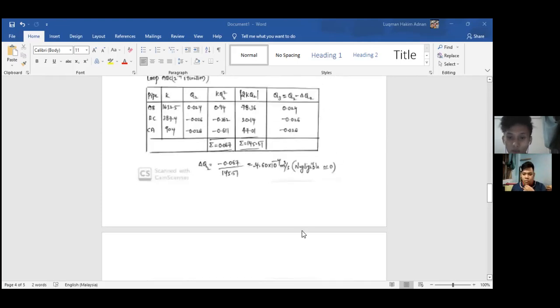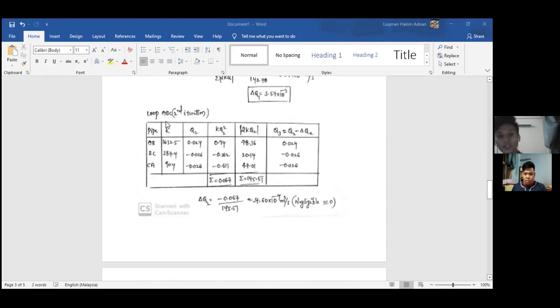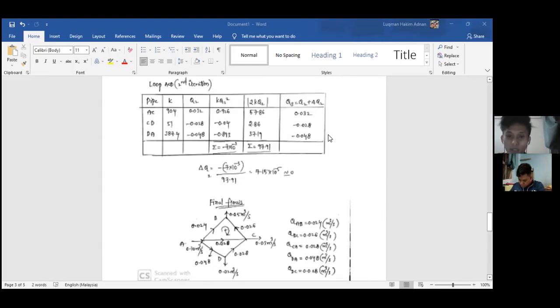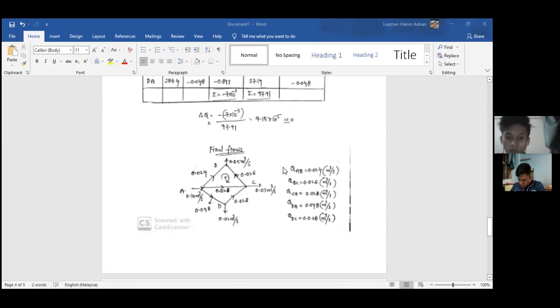I want to add to what Haikal said about loop ABC of the second iteration. From the answer, we get -4.6 times 10 to the power of -4, which is negligible and can be assumed to be 0. For the final flows, Haikal told about loop ABC and I told about loop ACD.